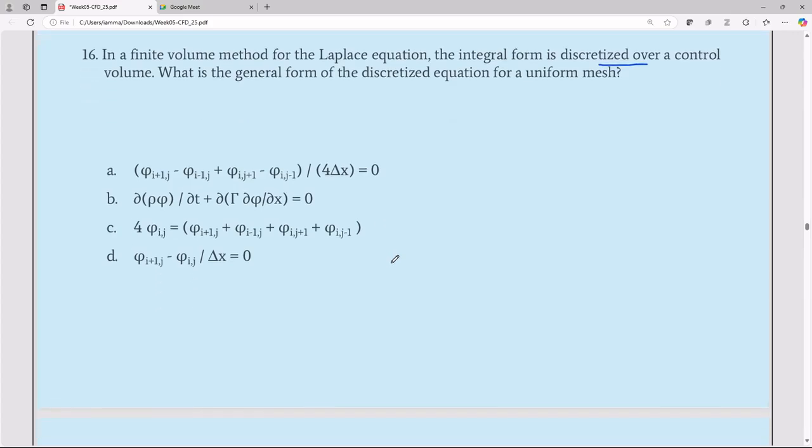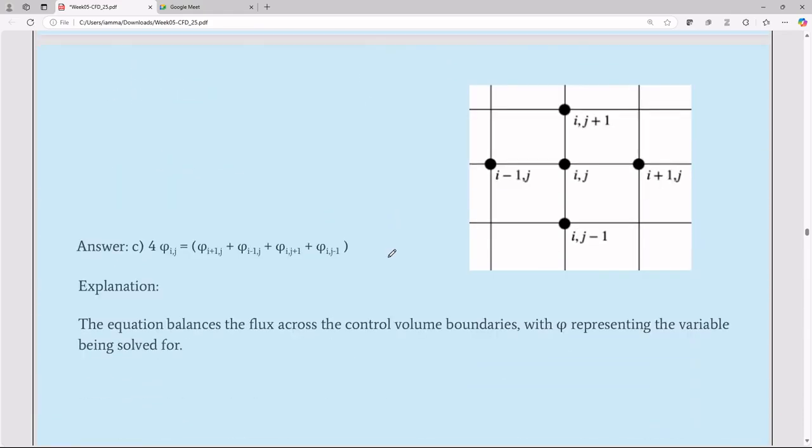Okay, the answer is option C. 4 times phi at i comma j is equal to phi at i plus 1 comma j plus phi at i minus 1 comma j plus phi at i comma j plus 1 plus phi at i comma j minus 1. So this is the stencil for a uniform grid.